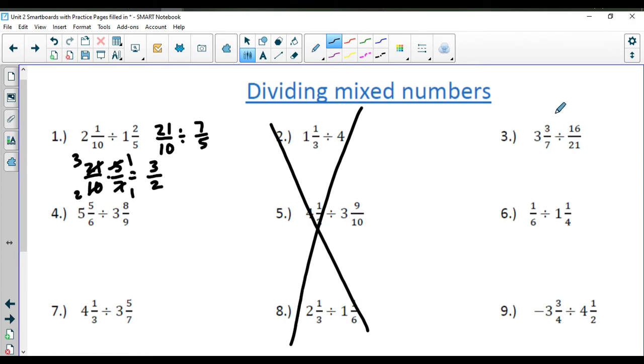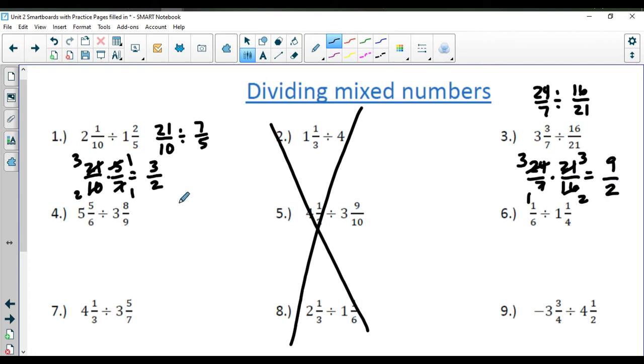Over here on number 3, I didn't leave myself any space, so I'm going to write it on top here. I have 24/7 divided by 16/21. So keep, change, flip it over, and reduce. 3 times 3 is 9. 1 times 2 is 2.